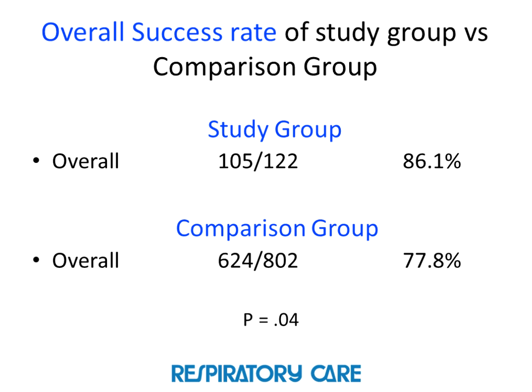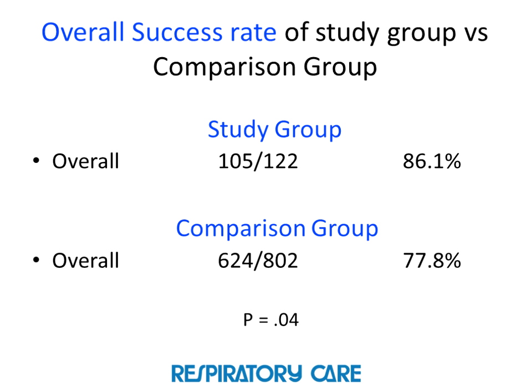The overall success rate, meaning did they get the catheter placed in the patient, of the study group versus the comparison group that I just described. In the study group, 105 out of 122, or 86.1%, were able to insert the catheter.